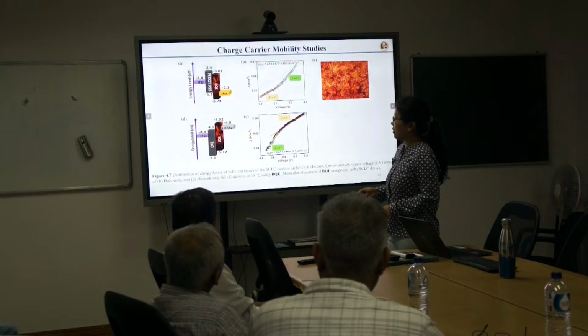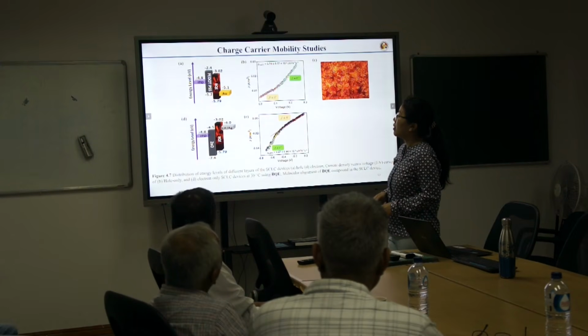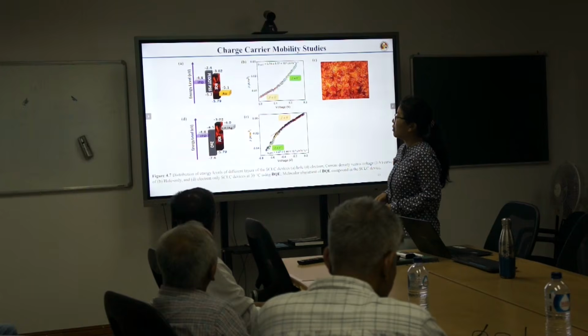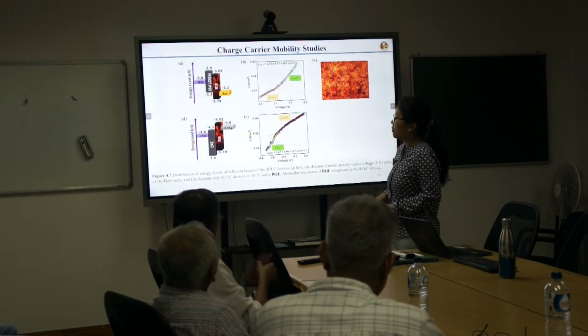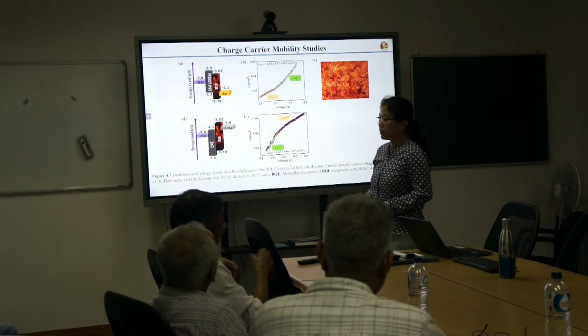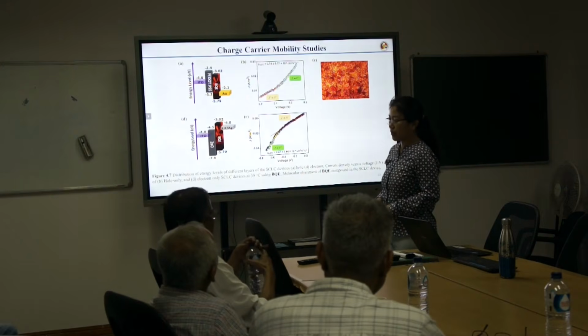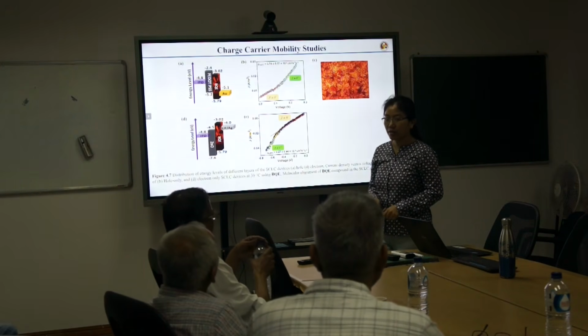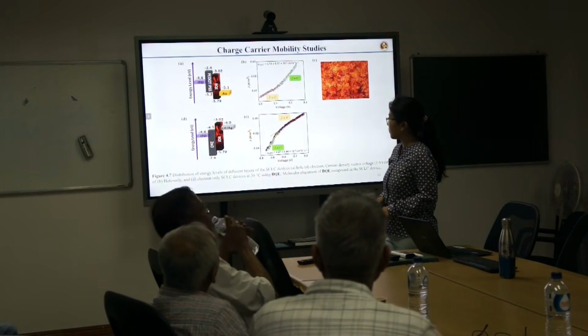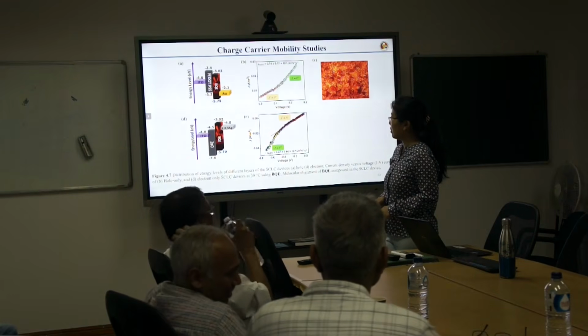You say that it is sandwiched, but whether it is deposited on the anode or cathode, how was it deposited? Was it deposited through a solution process? Was it deposited from an evaporation process? Or any other process that was followed? Sir, I'm not sure about that.